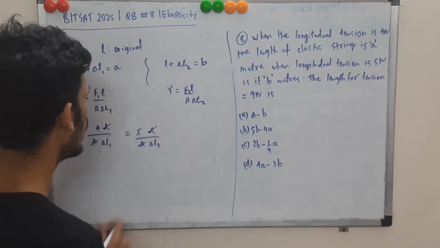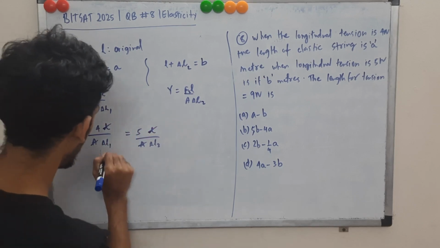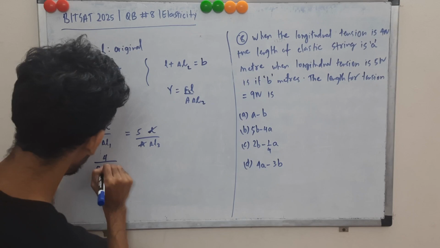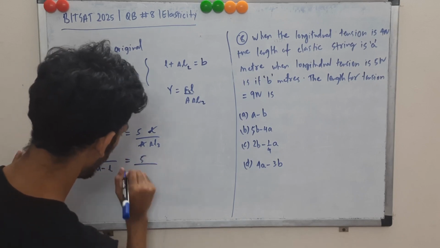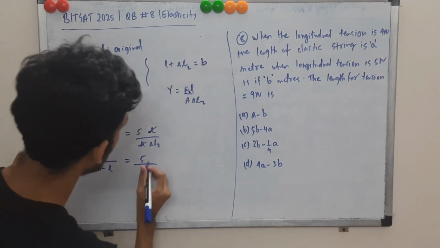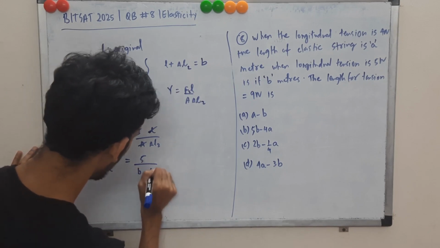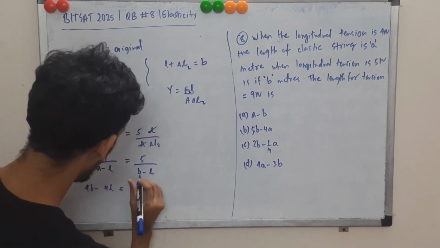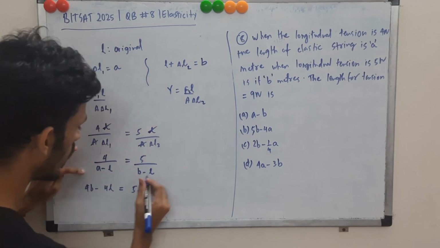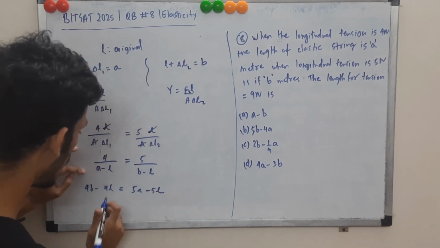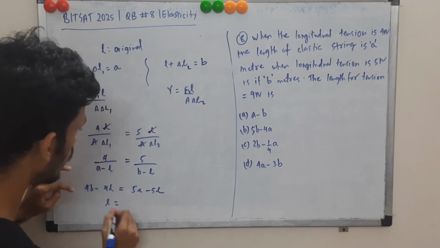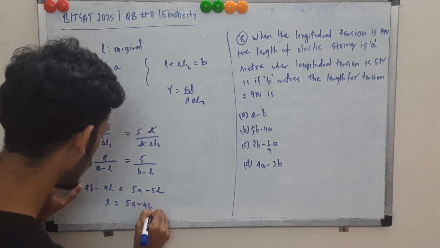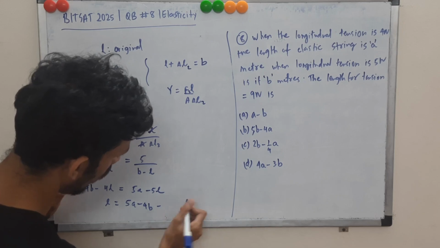That's why I had written L. So now you can write delta L1 as A minus L, and delta L2 as B minus L. Okay, so 4B minus 4L is equal to 5A minus 5L, so I'm cross multiplying, bring L over here. So L will give you the original length, right? This will be 5A minus 4B, so this is the original length of your wire.